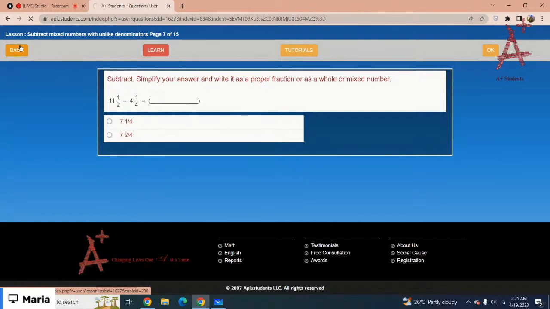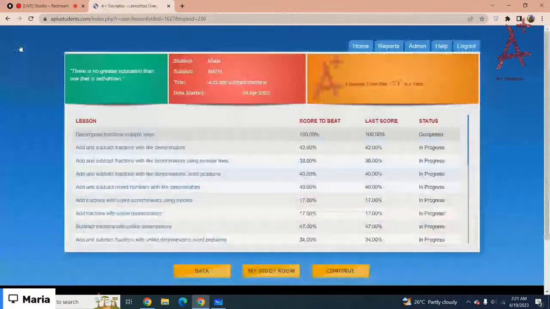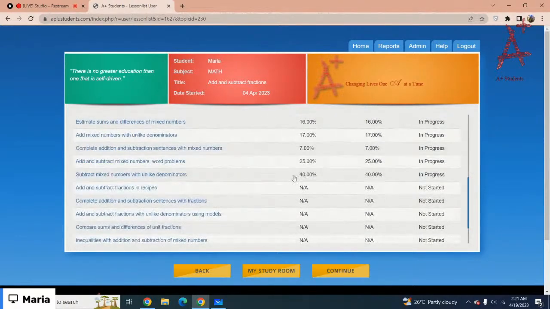And the next lesson is add and subtract fractions in recipes.